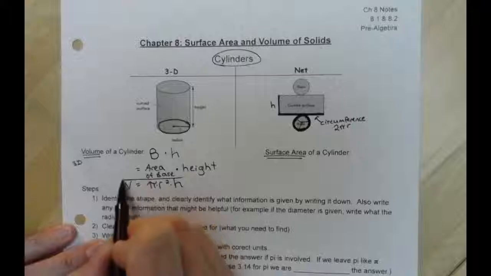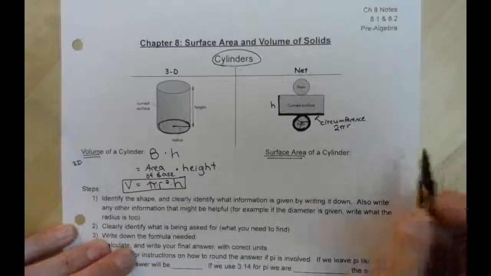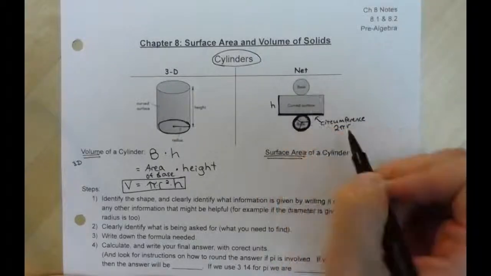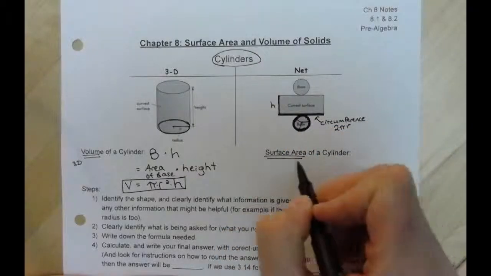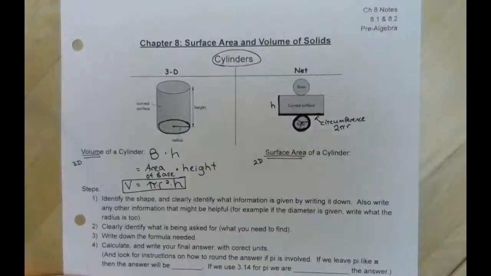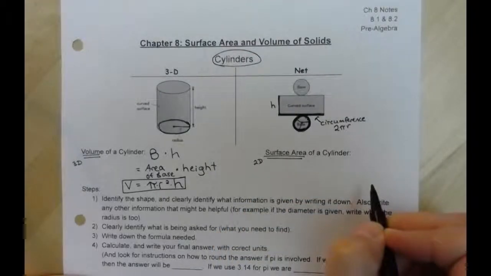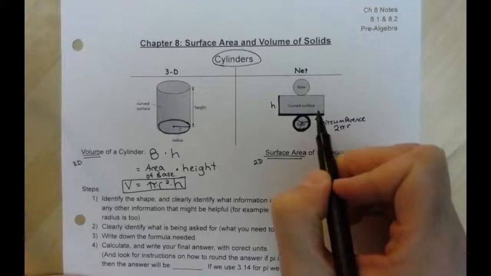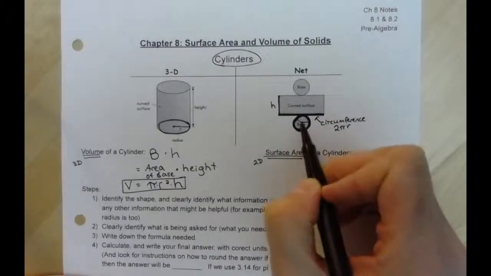The second formula we're going to use is for surface area. This one's a little bit funkier to think about, but we can do it. We're going to use the net to help us. When we're talking about the surface area, that's a two-dimensional thing, and so our units will be squared. We're going to talk about the area of all three of these components here.